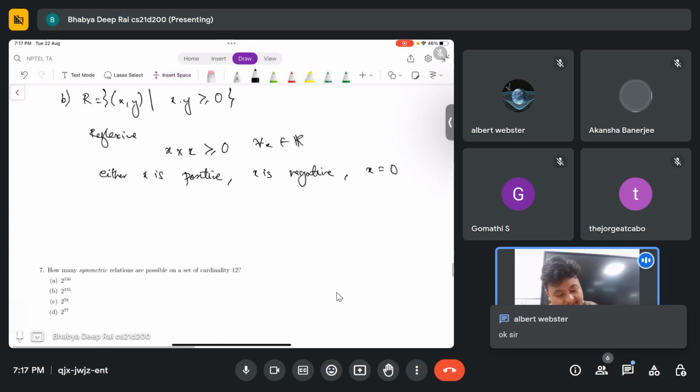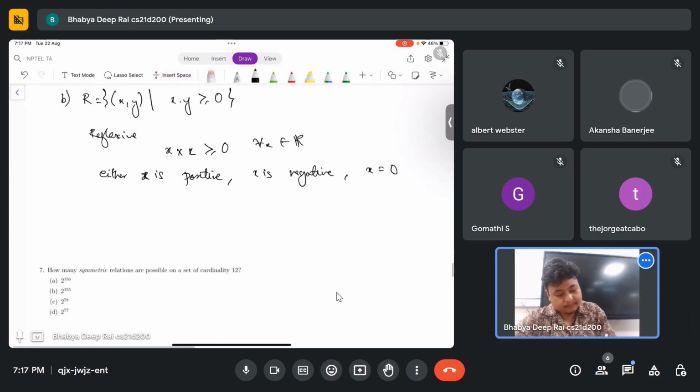So if it is positive, then what do you have? x times x, x squared, and it is positive, and multiplication of positive numbers is always positive, so this is greater than 0.